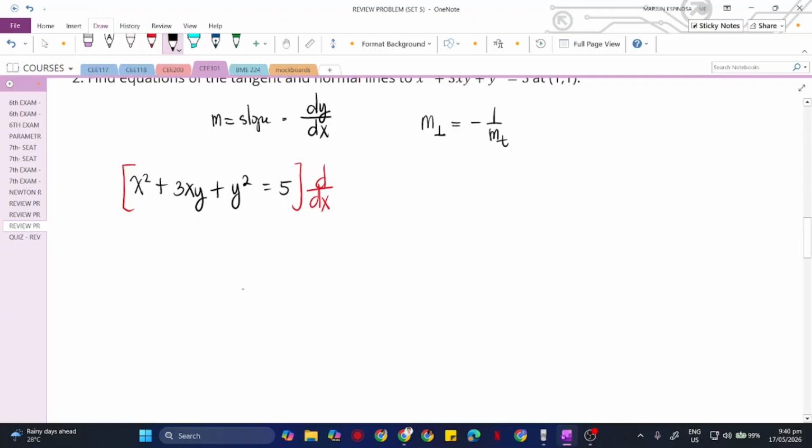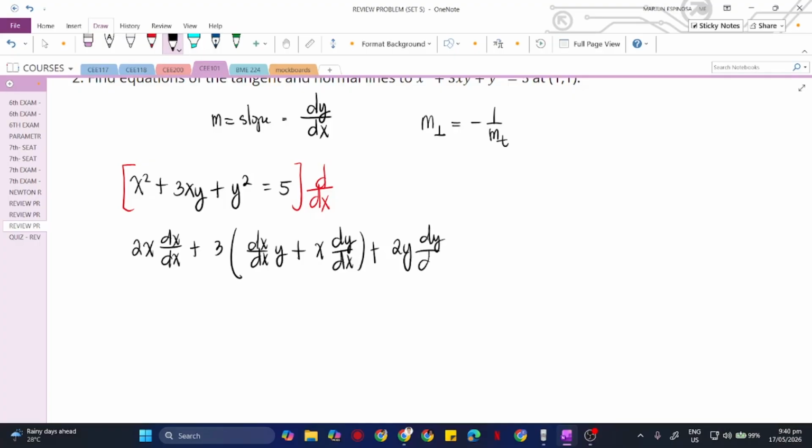The derivative of x squared will be 2x dx over dx, or obviously 1, plus for this one we can use the product rule: 3 multiplied by dx over dx times y plus x dy over dx. Then we have 2y dy over dx equals 0, since the derivative of a constant is 0.